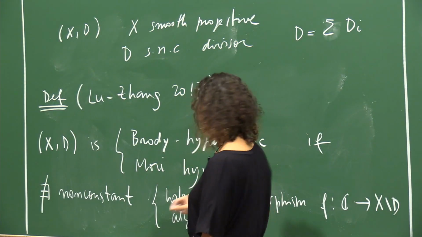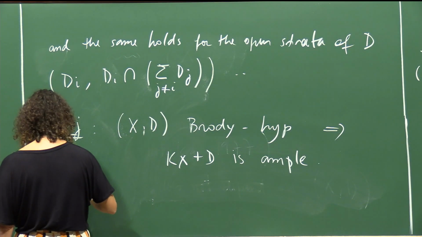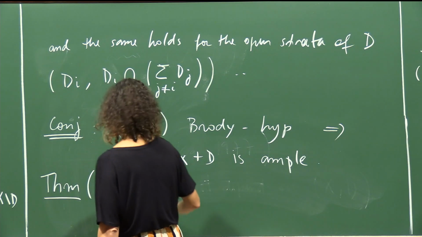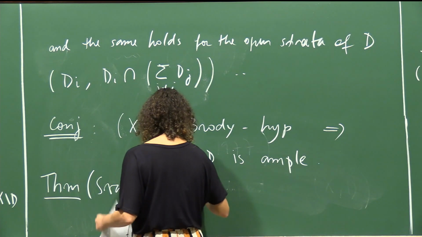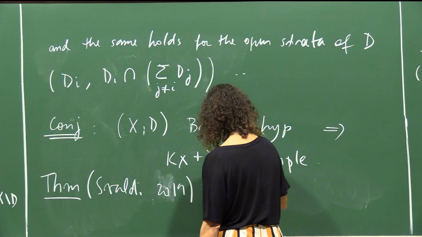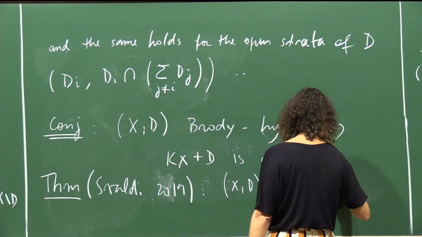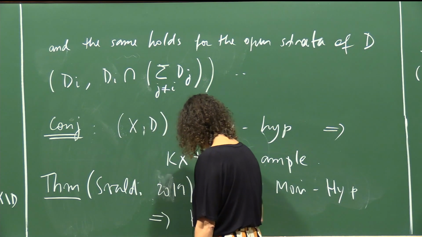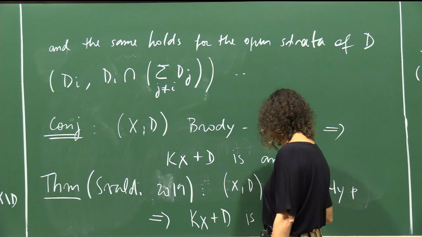But for Mori hyperbolicity, more is known. This is a theorem of Svaldi from 2019. It says that if (X, D) is Mori hyperbolic, then the log canonical class K_X plus D is nef.